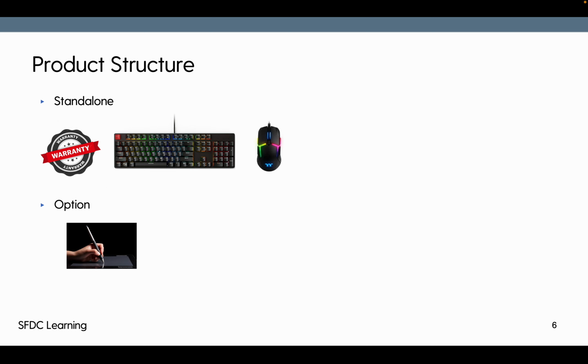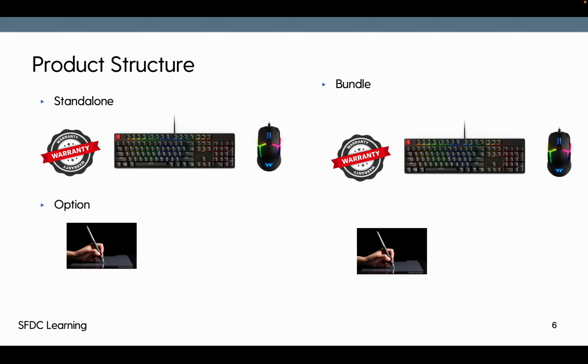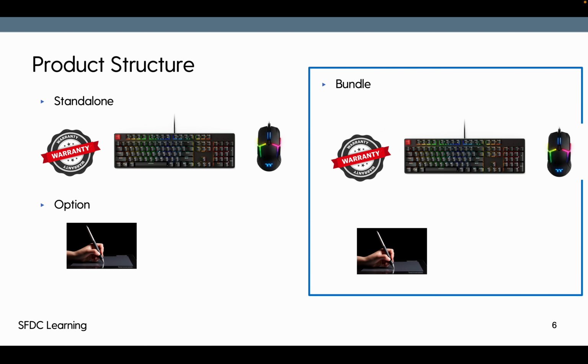That light pen cannot be sold on its own. So that means the light pen becomes an option. And talking about bundle, the bundle contains all these products like warranty, keyboard, mouse, light pen, right? And this whole group becomes a bundle. Now, getting the idea about the same?